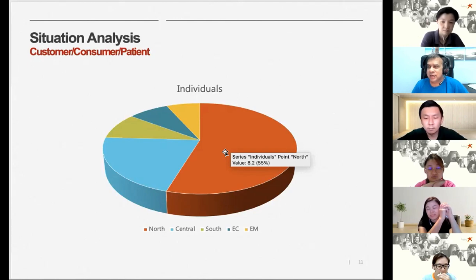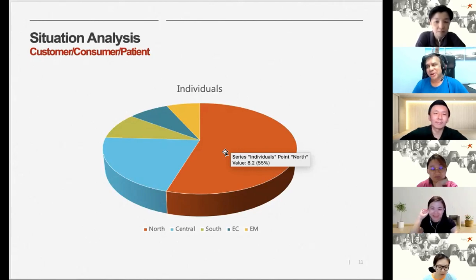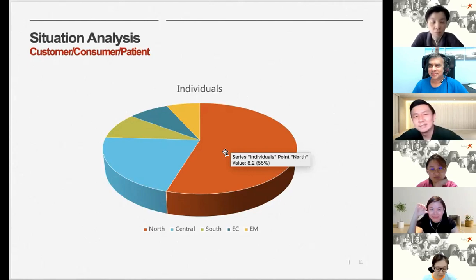Siu Wei, is Fiona correct when she says that 55% of the patients are coming from the north? Based on the graph, I think so. Okay. Enki, what do you think? Is Fiona and Siu Wei correct? This one is a number of patients, right?